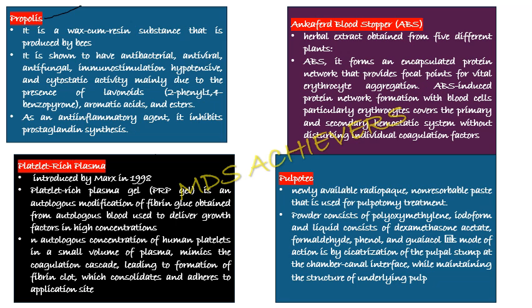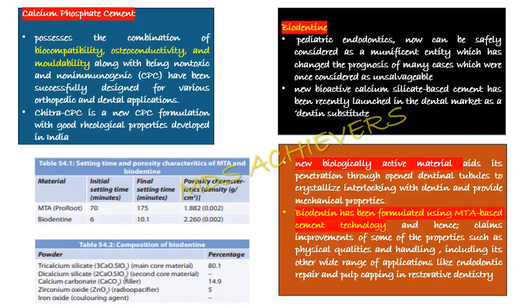This PRP is nothing but an autologous modification of the fibrin obtained from the autologous blood and used to further the growth of the tissues. Pulpotec, and these are other materials. Calcium phosphate cement has properties such as biocompatibility, osteoconductivity, and moldability. These are some of the properties that are present in this calcium phosphate cement.